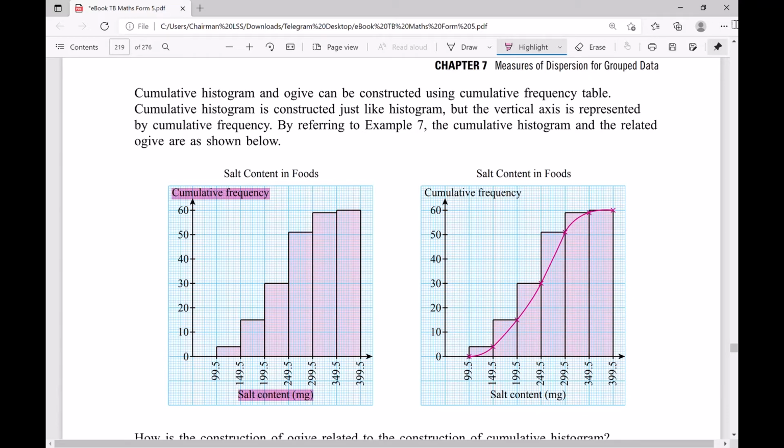And from your cumulative frequency histogram, you can draw your Ogive. How? You just take the upper boundary here. This is all the upper boundary, right? So you just connect the graph there, and you'll get your Ogive here.